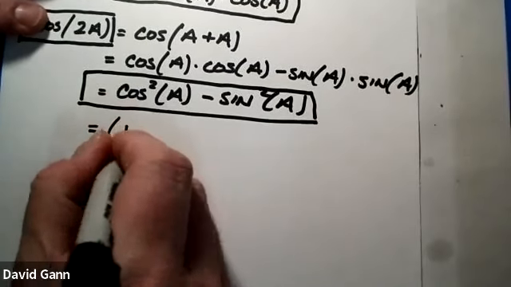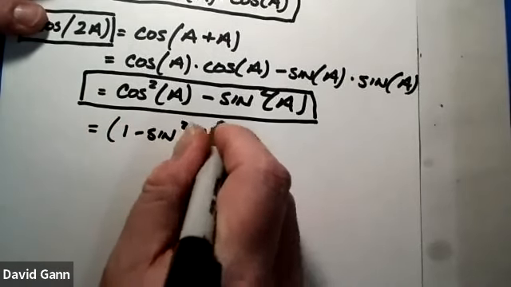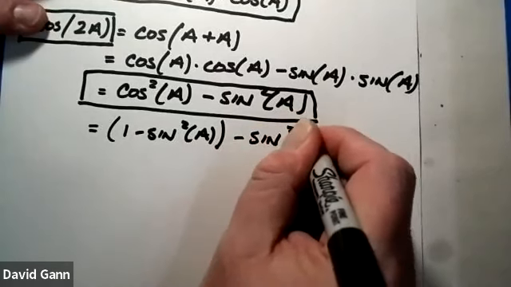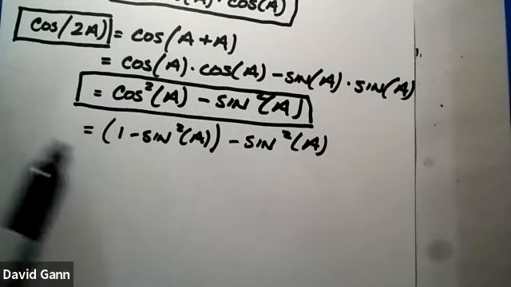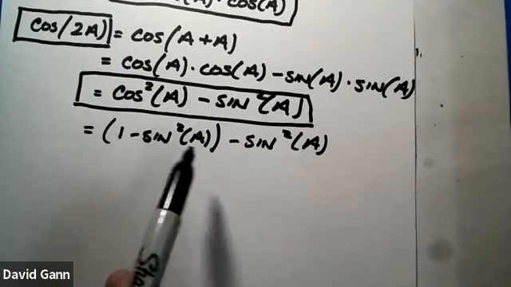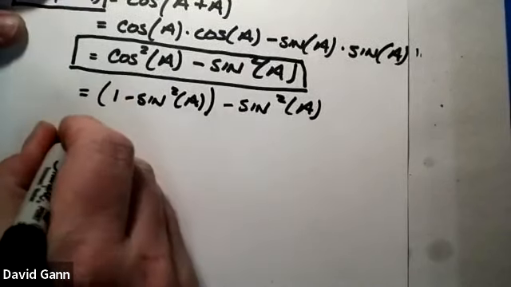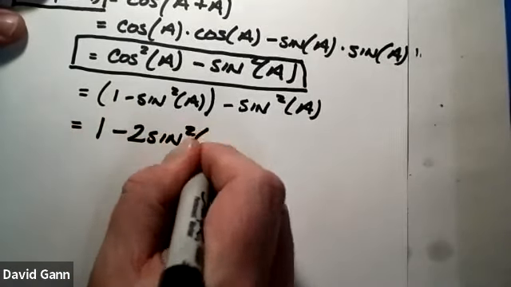I'm going to put that in parentheses there. And that's just straight out of the box, the first Pythagorean identity. And notice that what we've done is create similar terms. We have a minus sine squared here. We also have a minus sine squared here. And so we end up with 1 minus 2 sine squared of A.